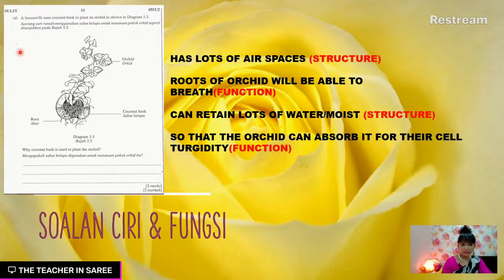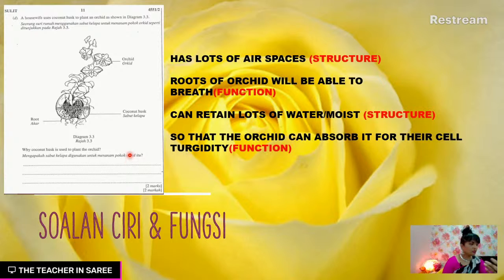All right. A housewife uses coconut husk to plant an orchid as shown in diagram 3.3. So why is the coconut husk used to plant the orchid? You may ask, oh teacher, there's no structure word there, no function word, no adaptation. But what you need to understand is this coconut husk is actually not made to be the holder for this orchid.